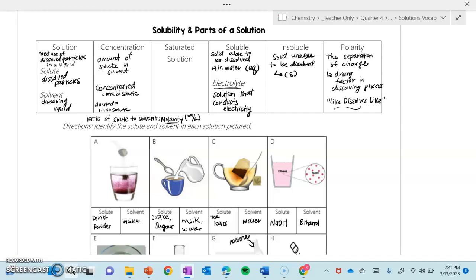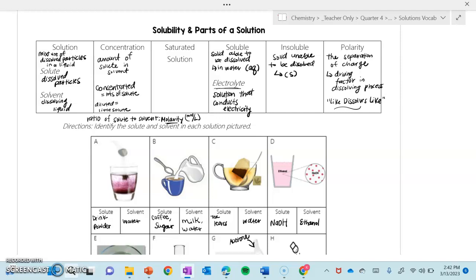The other term is saturation, and saturation has to do with how much the solution can actually hold. It's kind of its carrying capacity, if you will, of solute. It depends on a couple of factors, but the main one is the amount of liquid.